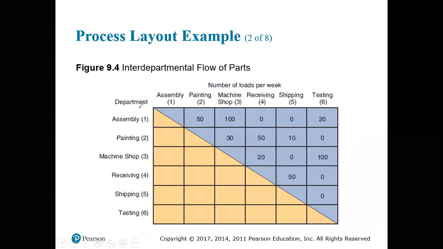We could have product move from assembly to paint, and or it could be assembly, the machine shop, or assembly to testing. Okay, so we have, in this case here, 3 different connectors to assembly. And I might want to figure out if I have a space like what I had previously.